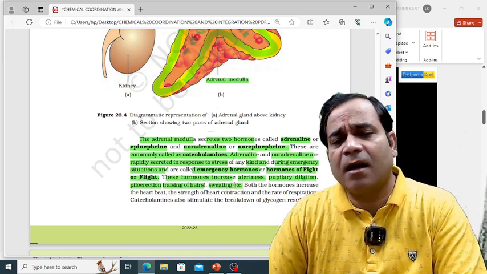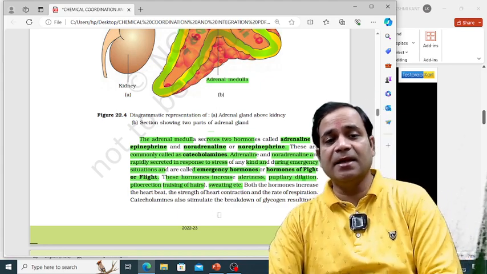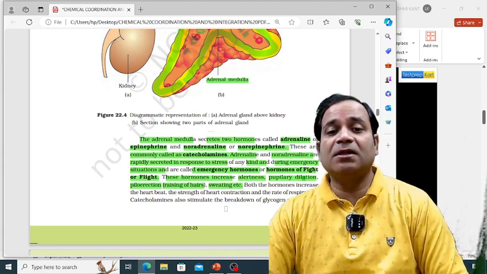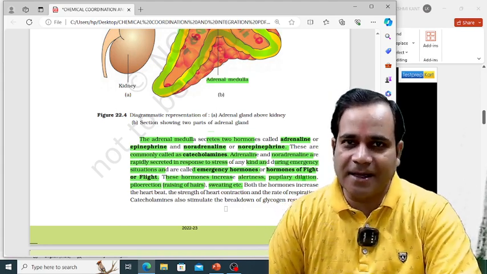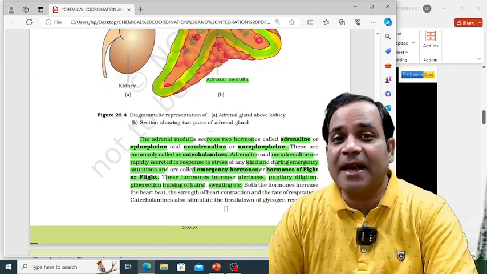Because these hormones mainly secrete at the time of emergency, that's why they are known as emergency hormones, or the hormones of fight or flight. Either you fight or you take flight.